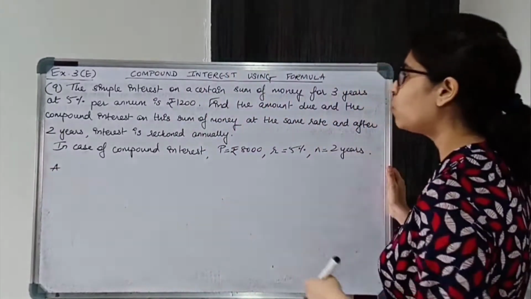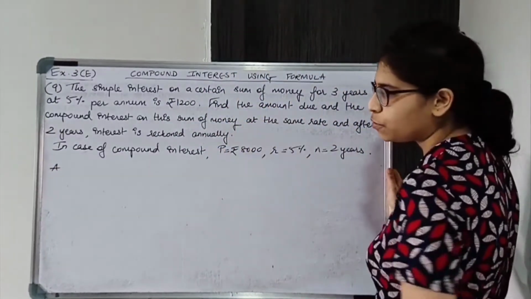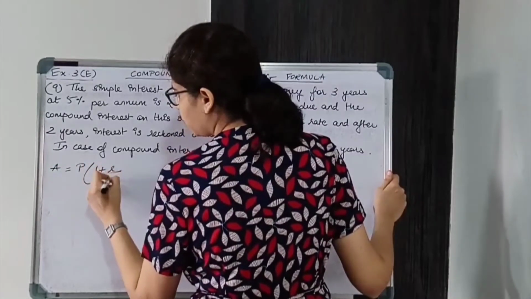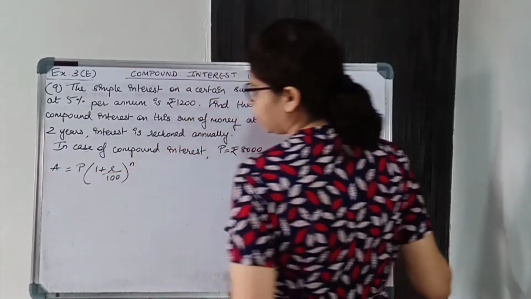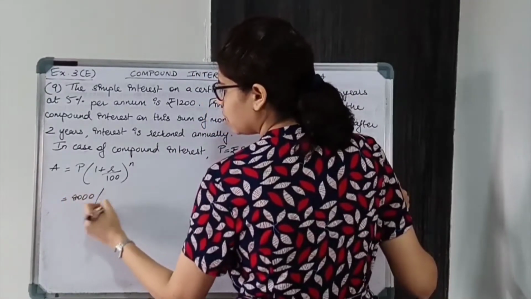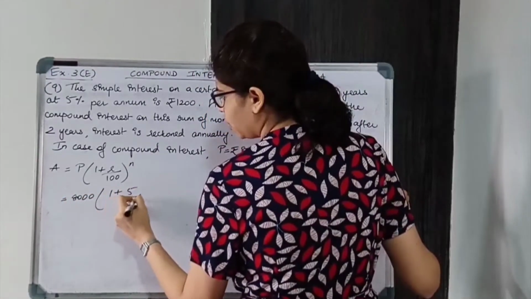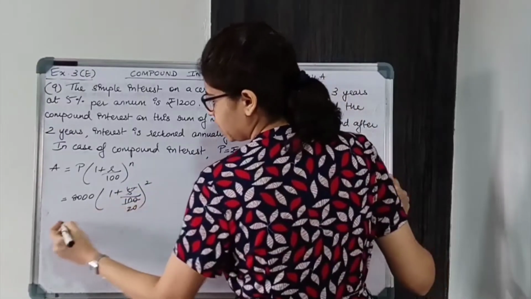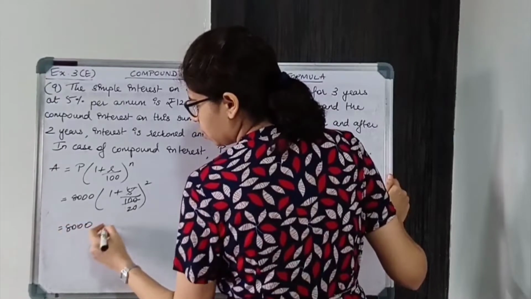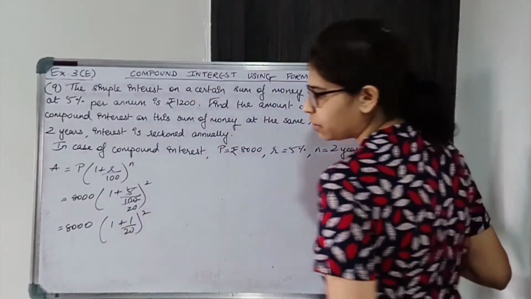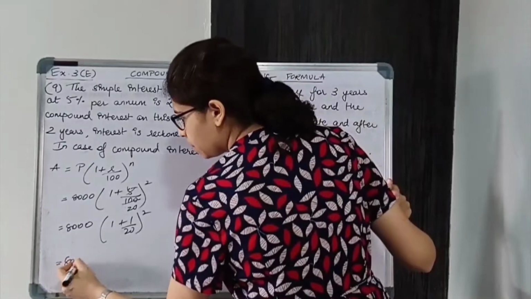We need to find both, okay, amount as well as compound interest. So A is equal to P into 1 plus R upon 100 raised to N. So substituting the values, 8000 into 1 plus 5 upon 100 raised to N is 2. 5 ones are 5, 20s are. So 8000 into 1 plus 1 upon 20 raised to 2. We'll solve the bracket first, taking LCM.